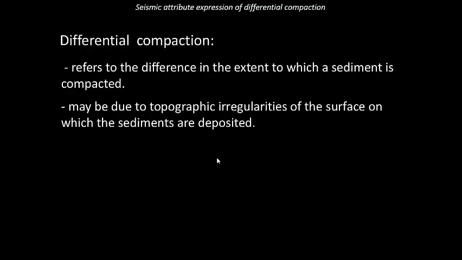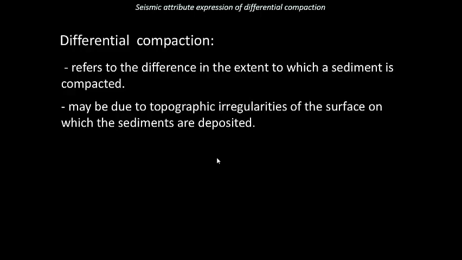For example, the compaction suffered by a certain thickness of a shale sediment would be different than a similar thickness of a sandstone sediment. So that is about the term differential compaction.